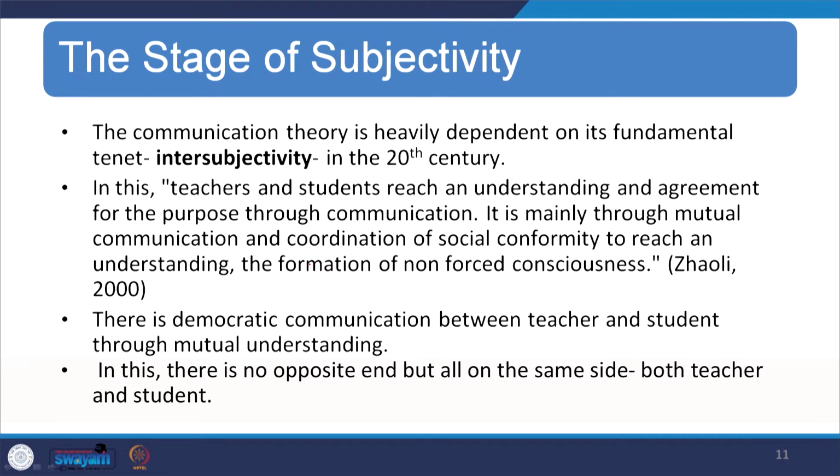They will be mutually playing their part well, and there will be a coordination of social conformity to reach an understanding, the formation of non-forced consciousness, and they say it is a sort of democratic arrangement, a democratic communication between the teacher and the students. There is no opposite end, but on the same side both teacher and students are important. Now, what are the principles involved in it?